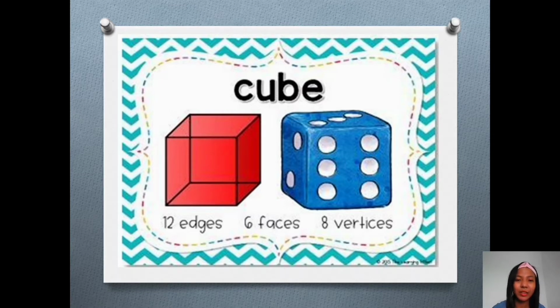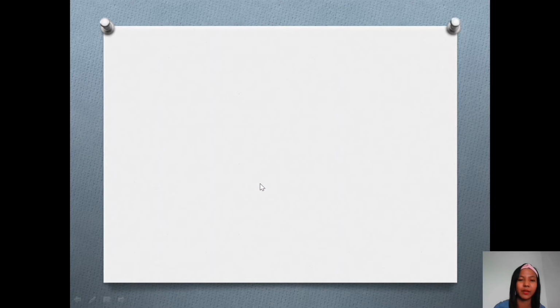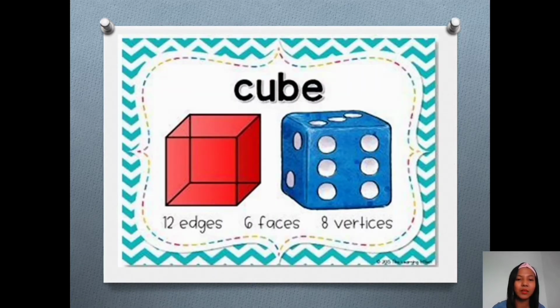And then the cube has 8 vertices: 1, 2, 3, 4, 5, 6, 7, 8. 8 points, or 8 corners. So this is all about the cube. The cube has 12 edges, 6 faces, and 8 vertices.